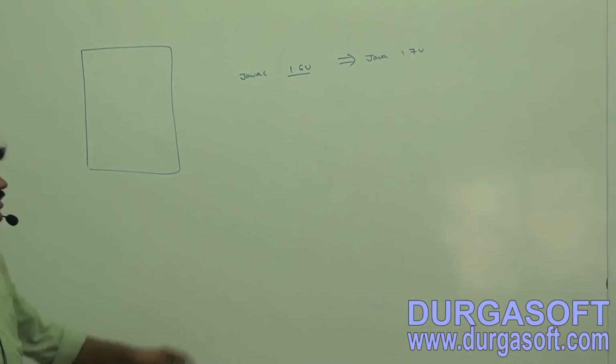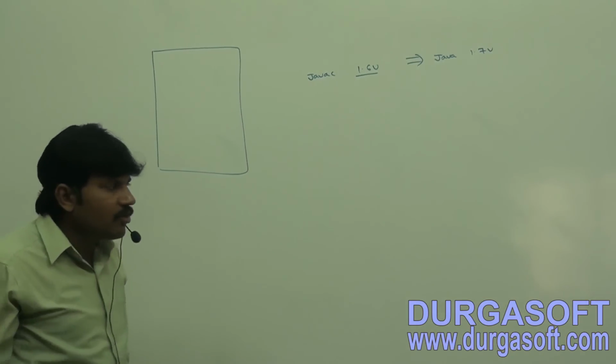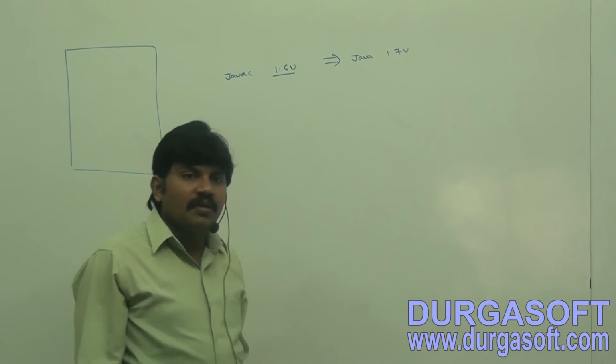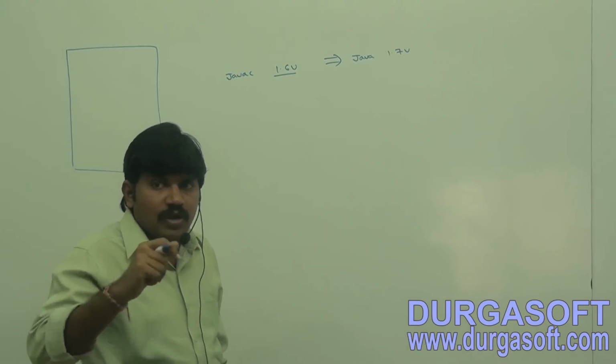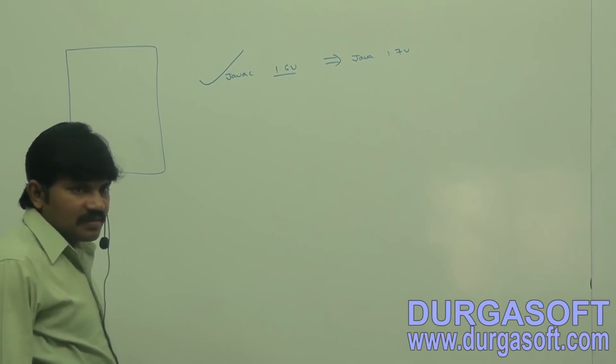Can a .class file generated by the 1.6 compiler be executed by the 1.7 JVM or not? Yes, a higher version JVM can support lower version .class files, no problem at all.